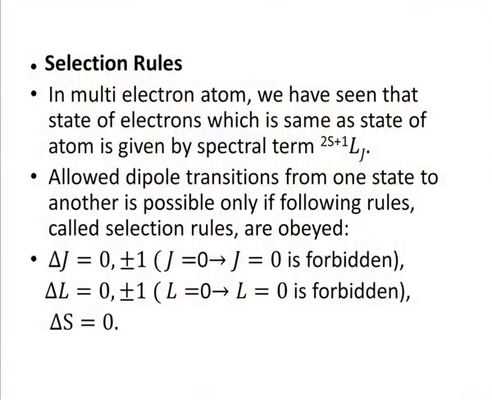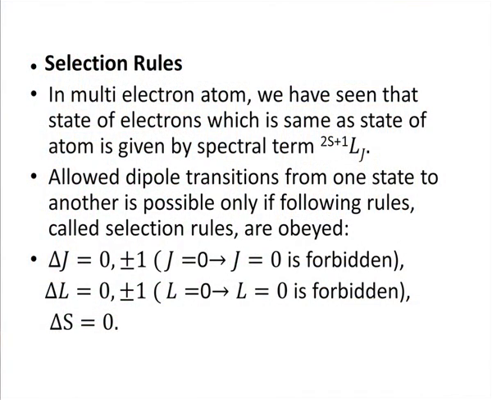So, the selection rules are delta J is equal to 0 or plus minus 1, and J is equal to 0 to J is equal to 0 is forbidden. That means, the difference of J values as it makes a transition from one state to another should be either 0 or plus minus 1.